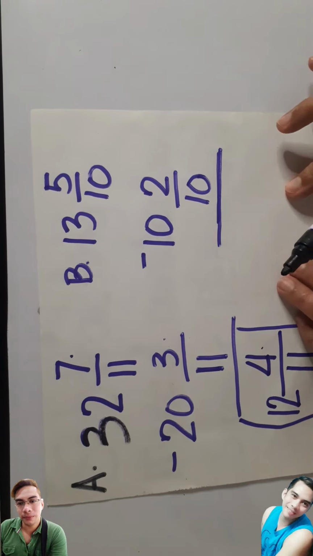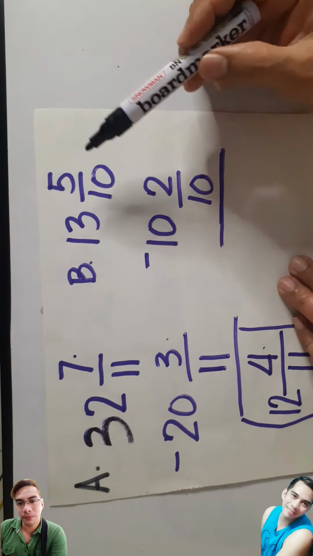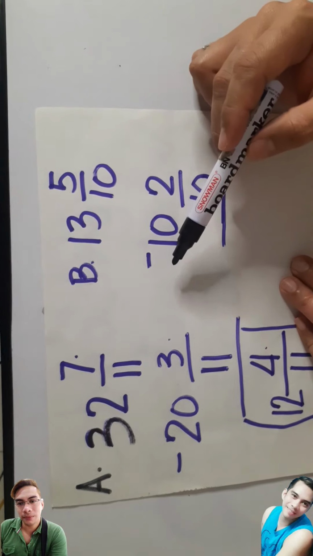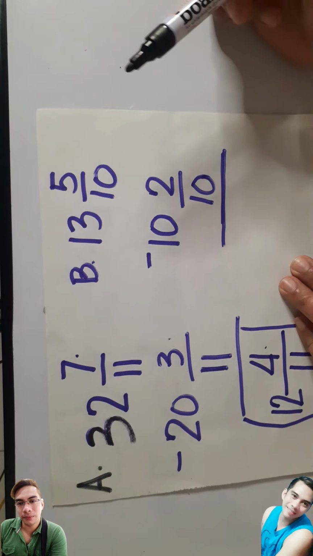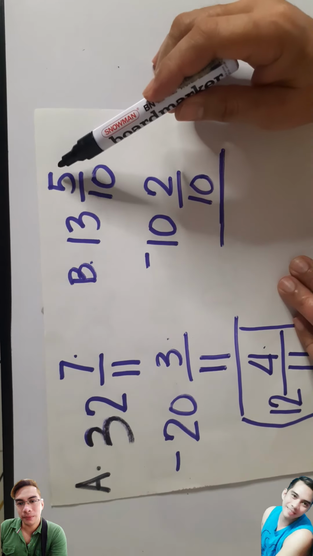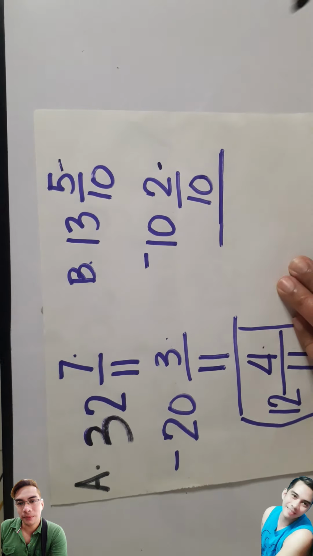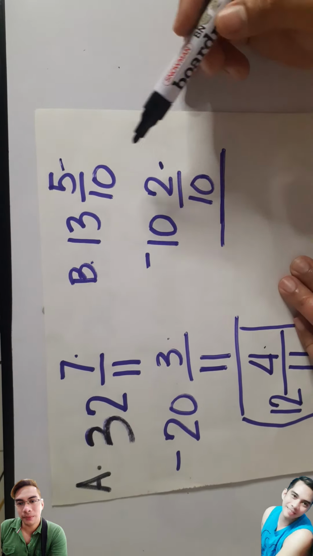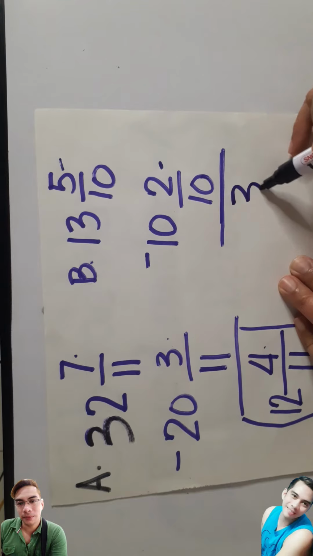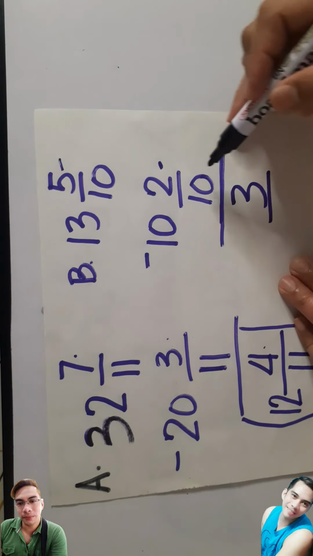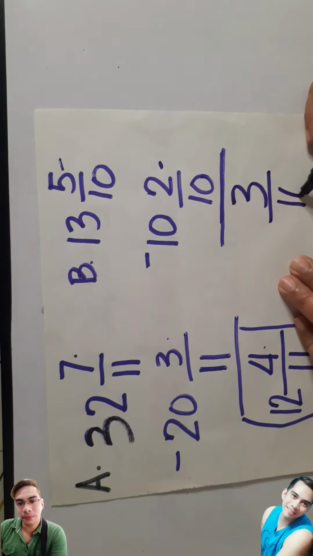Another example, 13 and 5/10 minus 10 and 2/10. So, ang unang gagawin, isusubtract yung numerator, 5 minus 2, the answer is 3. Then, kopyahin yung denominator na 10.